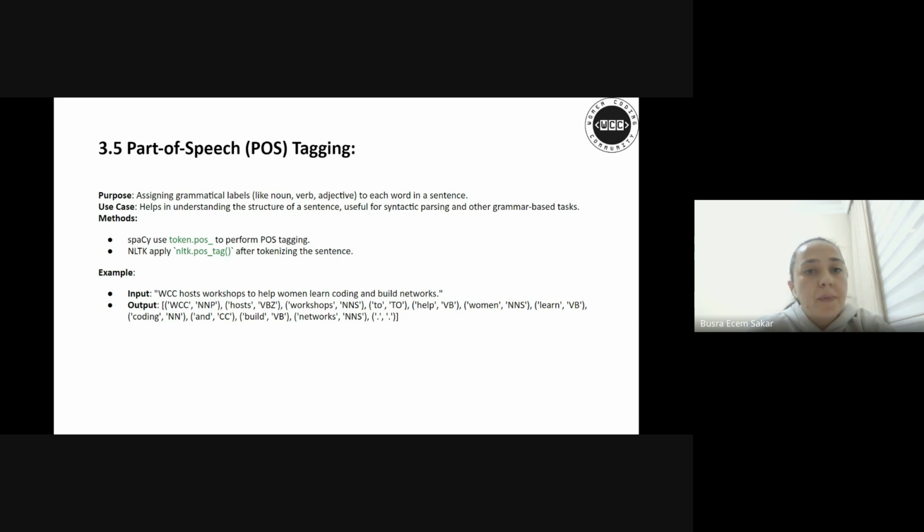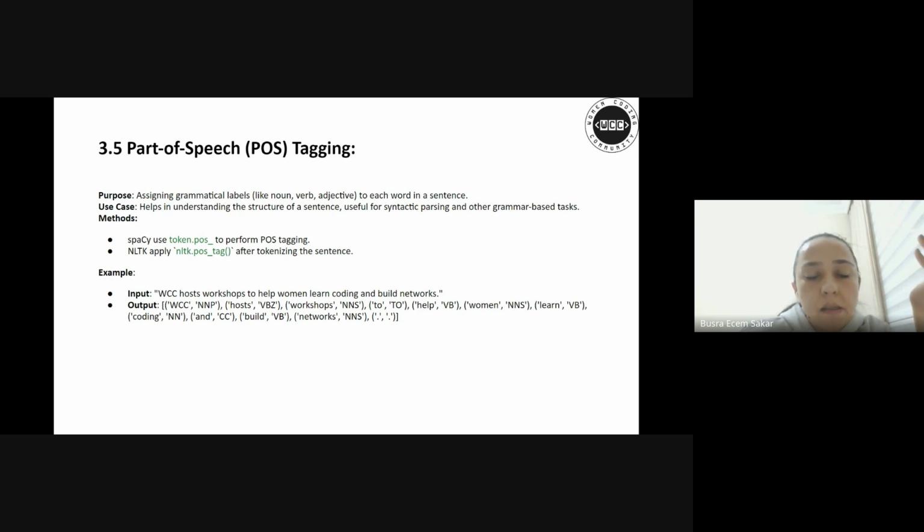For example, when we analyze the sentence, "VCC hosts workshops to help women learn coding and build networks." POS tagging assigns each word a tag that indicates its grammatical role in the sentence. For example, VCC is NNP, which stands for proper noun singular, which is correct for VCC because it's the name of a specific organization.